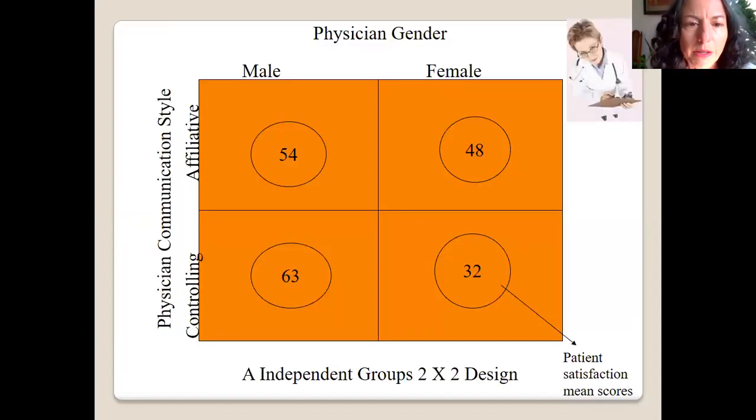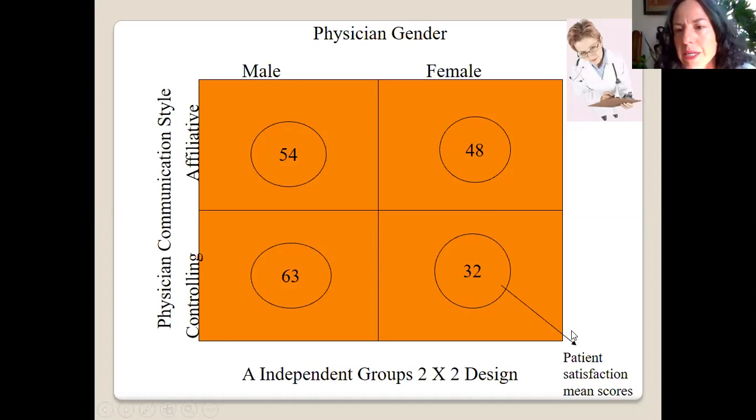Oh, I was going to try to show you with my little cursor here. Okay, either that or you got the female doctor who was very controlling, she wasn't very friendly, or you got the female doctor that was affiliative. So you can see that these are completely crossed. Here's the female affiliative, here's the male affiliative, here's the male controlling, and here's the female controlling.